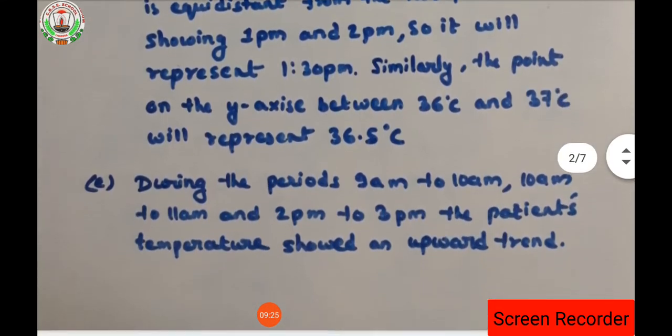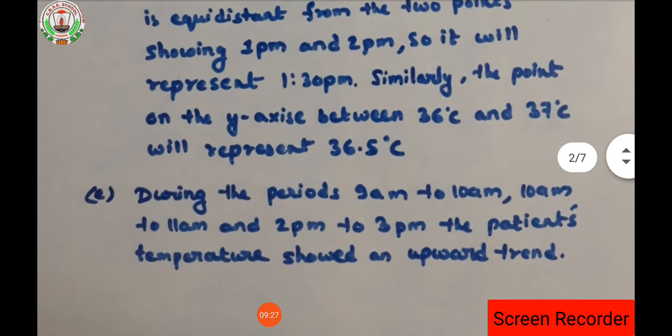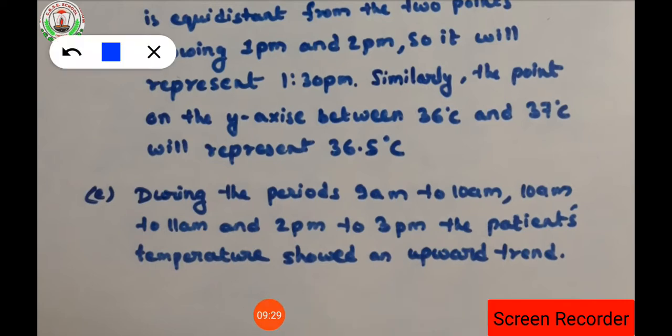Now in the E part of the question, it looks like C, but it is the E part. Okay, now in the E part of the question, what we have to do is, during which period did the patient's temperature show an upward trend? That means when the temperature increases.